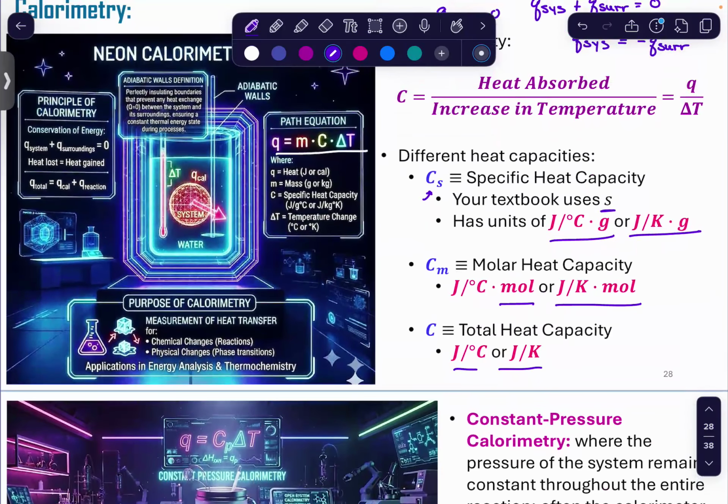So in the path equation I put on here, I included mass in the calculation because your specific heat capacity has grams in its units. So I need to multiply by mass to cancel out those grams because at the end, Q is going to be in units of joules.